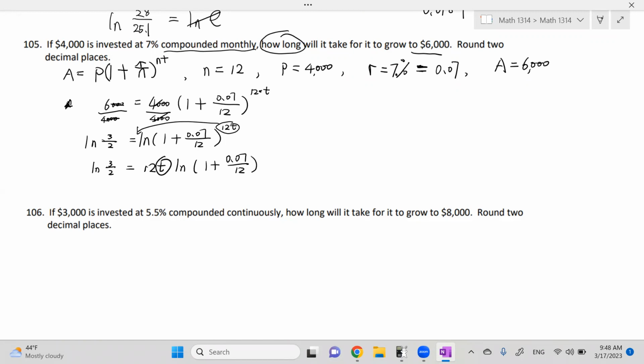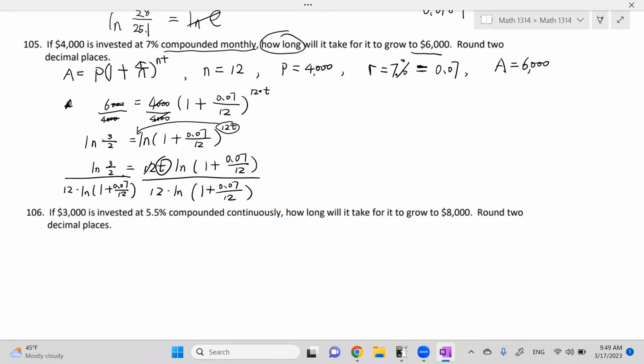If I divide both sides, there's a multiplication, so both sides we do the same thing: divide by 12 times ln of (1 plus 0.07 over 12).